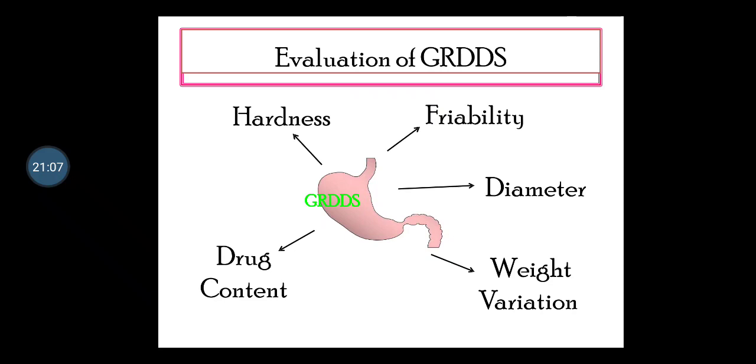These are the different types of evaluation of a GRDDS tablet. You may go for the drug content, hardness of tablet, friability of tablet, diameter, and weight variation. Before touching upon these parameters, one should know the different types of approaches for GRDDS.